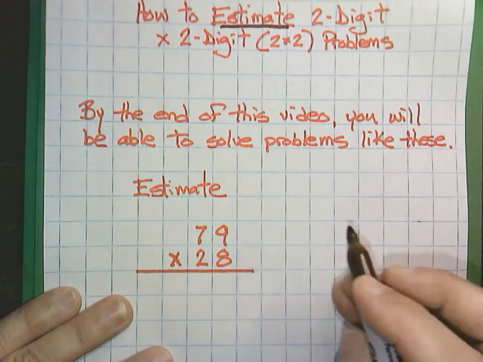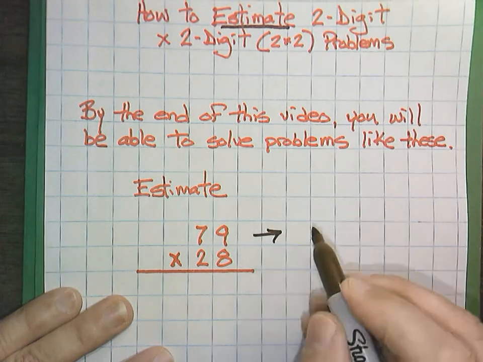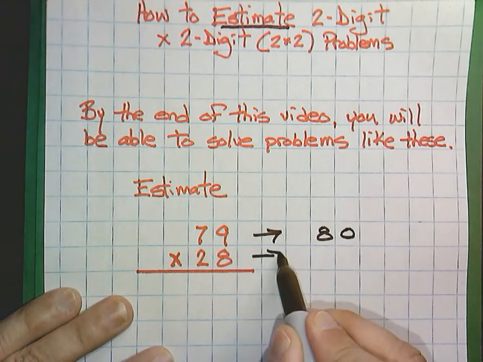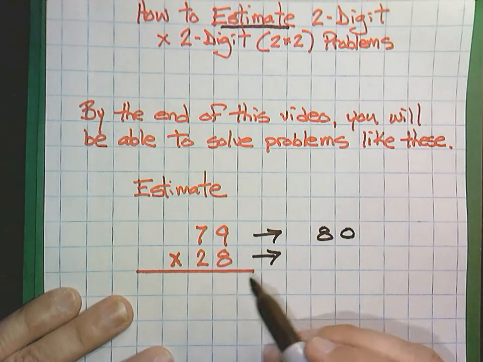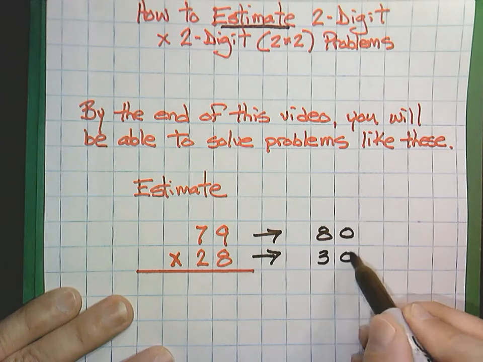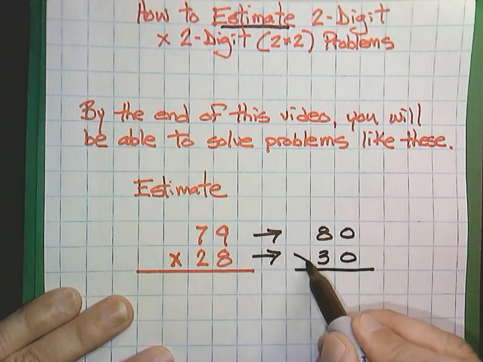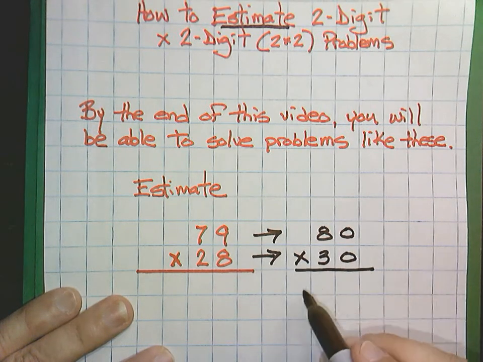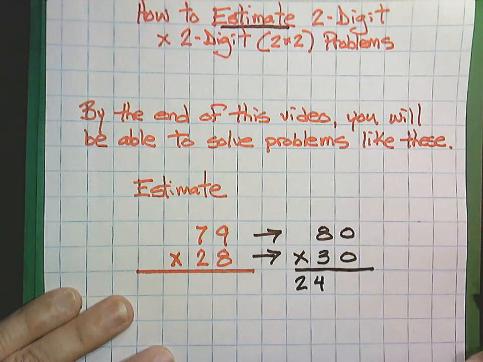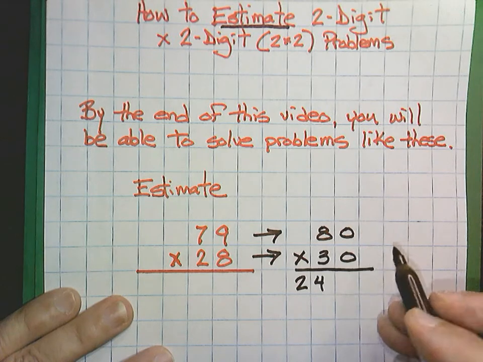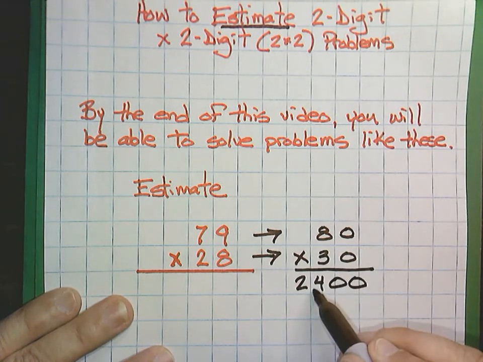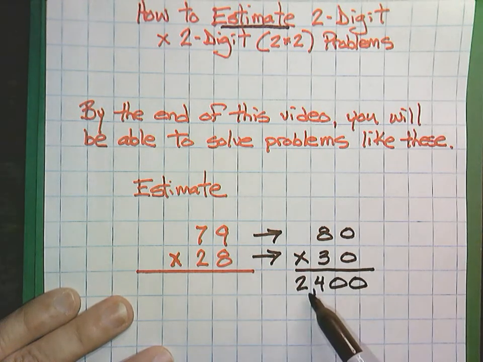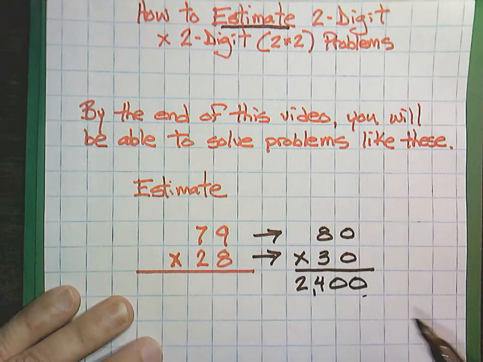So 79 rounds to 80, and 28 rounds to 30. 8 times 3 is 24. And we count our zeros, 1, 2, and write 1, 2. So an estimated product for 79 times 28 would be 2,400.